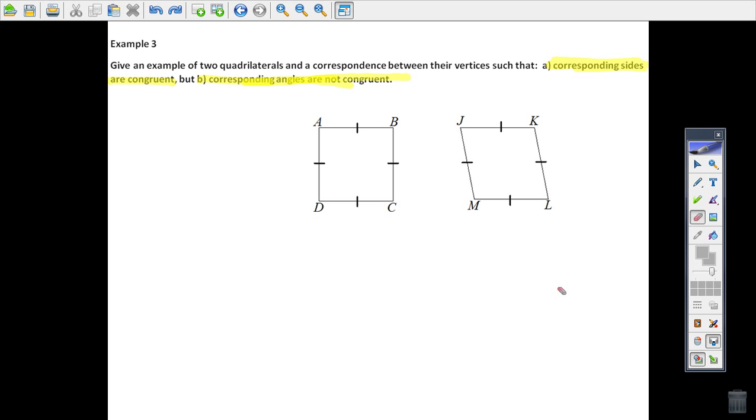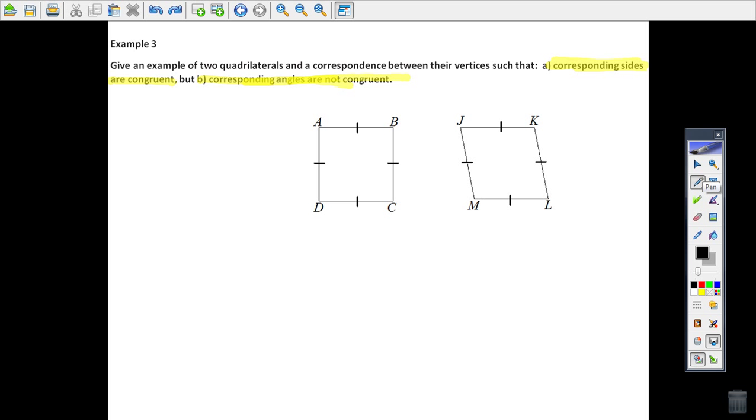How about this first figure? Quadrilateral ABCD, what does it look like to you? Kind of looks like a square. Angles A, B, C, and D appear to be a measure of 90 degrees. How about the one to the right, JKLM? JKLM is a rhombus, which means the sides are congruent, but the angles are not.